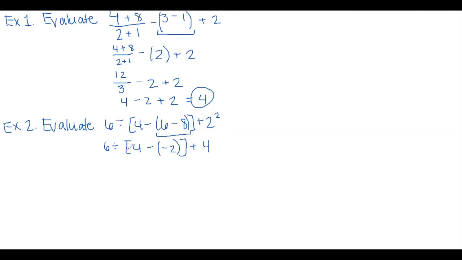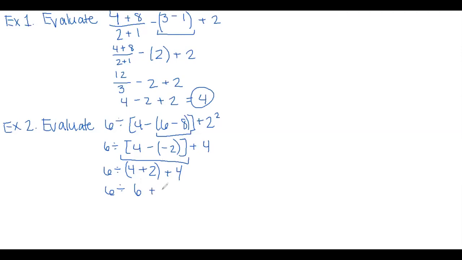Now these brackets are acting as a group or parentheses, so we have to do 4 minus negative 2. And we know when we have the subtraction of a negative, it is the same as plus 2, which is 6.